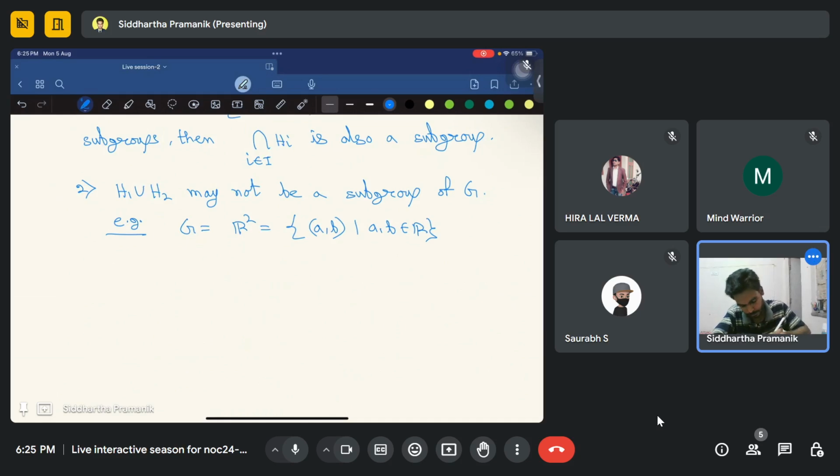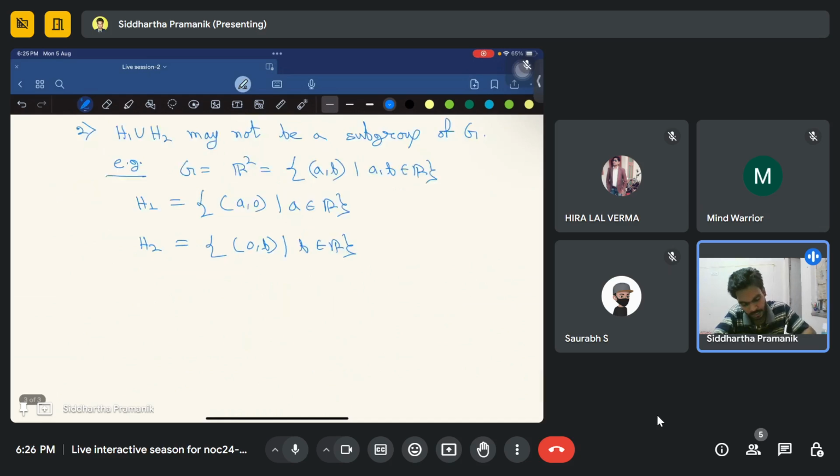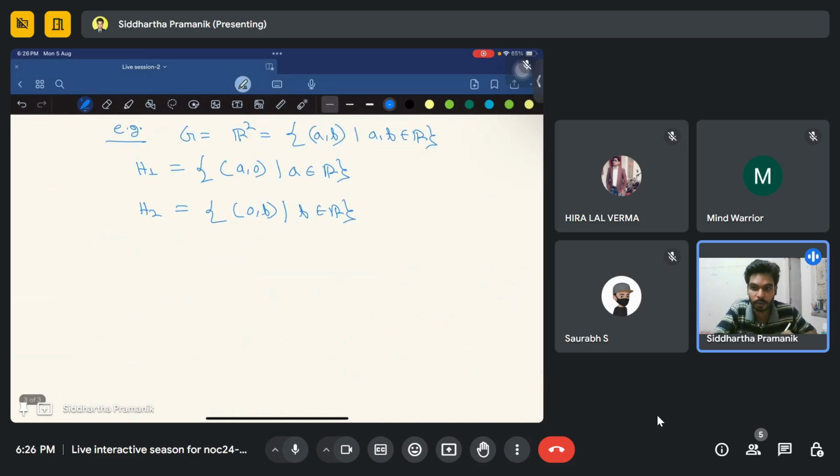You can check, and you can take H1 as the x-axis, which looks like this set, and H2 as the y-axis. Then you can check H1 union H2 is not a subgroup.